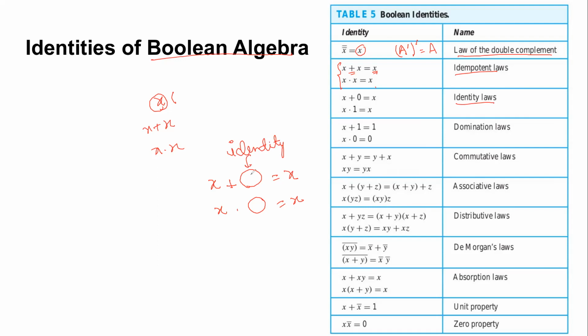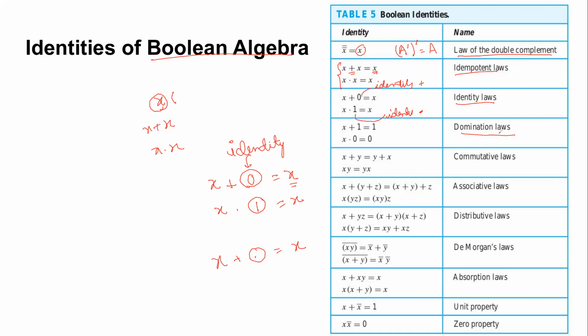We know for Boolean sum it's 0. If you add 0 to any expression, it's going to give you the expression back. So 0 is known as the identity element for the Boolean sum. Similarly, what is the identity element for Boolean product? One is known as the identity for the Boolean product. What do you mean by identity? Identity in general for any operation means that element which when applied with the given operation gives you the expression back. Okay, so that was the identity law.